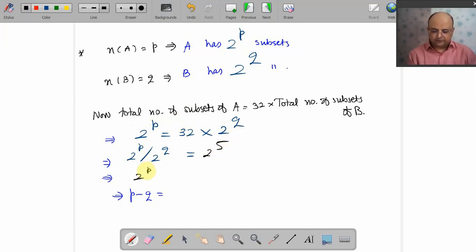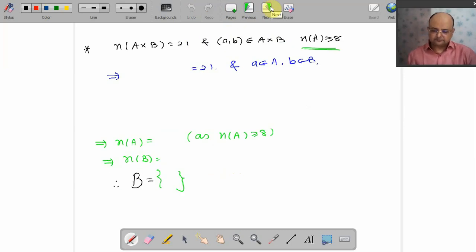Can I write this as 2 raised to P minus Q equals to 2 raised to 5? Yes, and I just compare, so your P minus Q equals to 5. Wasn't it damn easy? Yes, but you must know this result. If A has P elements, then it has how many subsets? 2 raised to P subsets.